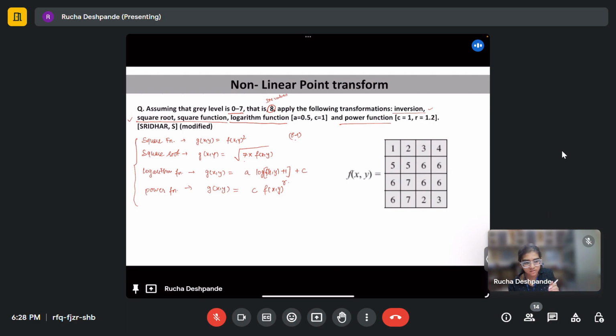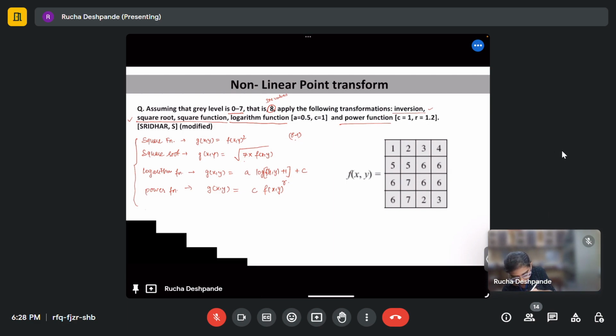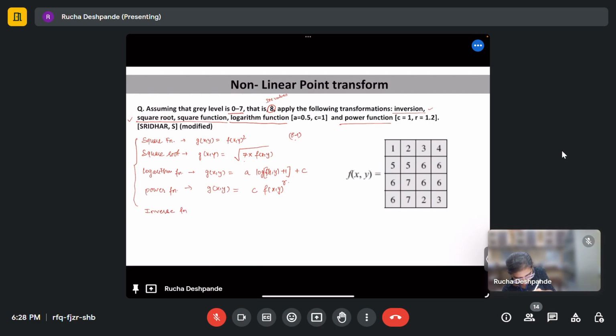Okay, so let's solve this. For the inverse function, this will be 7 minus f of x comma y.